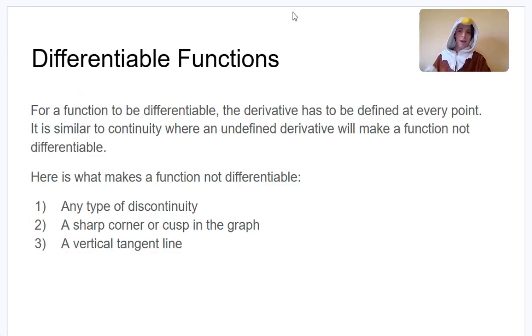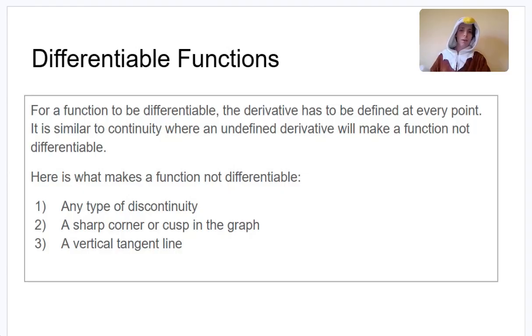So if it's not continuous, a discontinuity will make it not differentiable. Also, a sharp corner or cusp in the graph. So if the graph goes down like that and then it suddenly goes back up at a single point, there's no smooth curve, it just is a sharp corner.